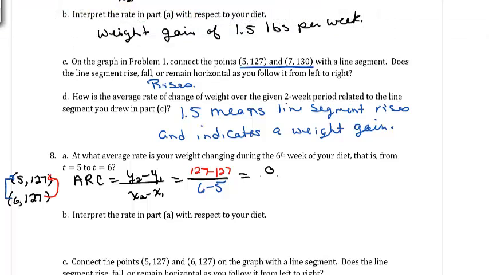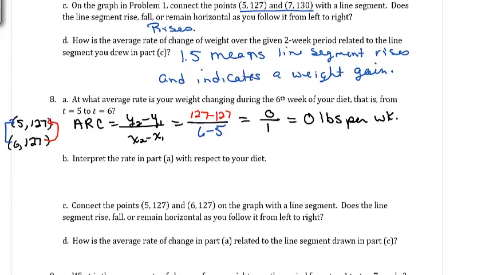That gives us 0 divided by 1. Remember, 0 divided by anything is 0, so we get 0 pounds per week. Interpret the rate in part A with respect to your diet. What this means is that our weight stayed the same.